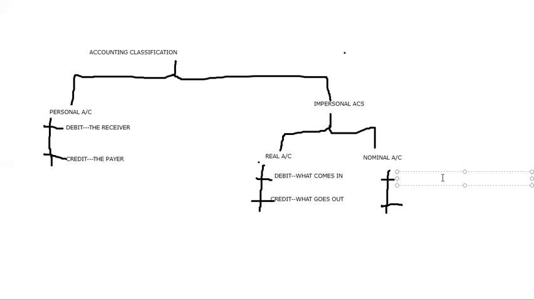That is the reason we are going to categorize these things under a new form: debit all expenses and losses, and credit all incomes and gains. Like this we have categorized.